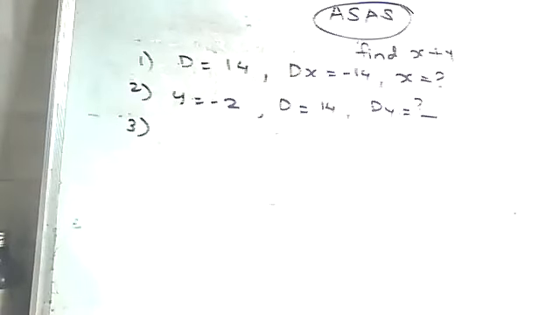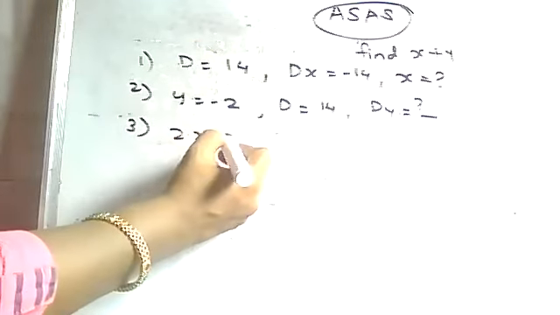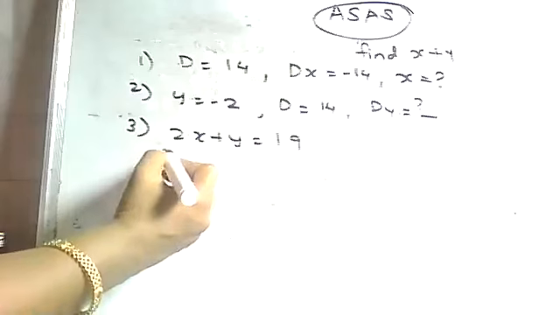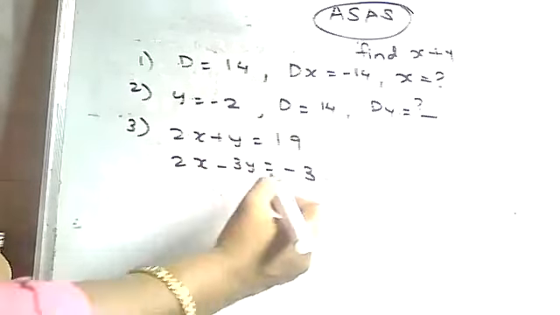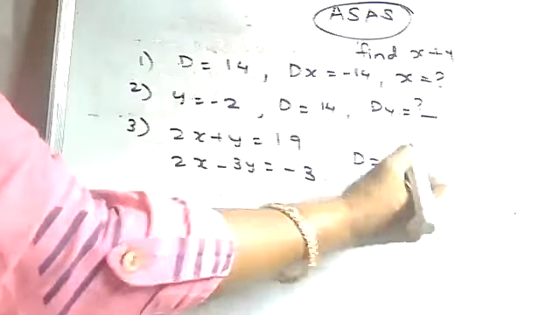Thirdly, 2x plus y is 19, 2x minus 3y is equal to minus 3. Then D is equal to how much?